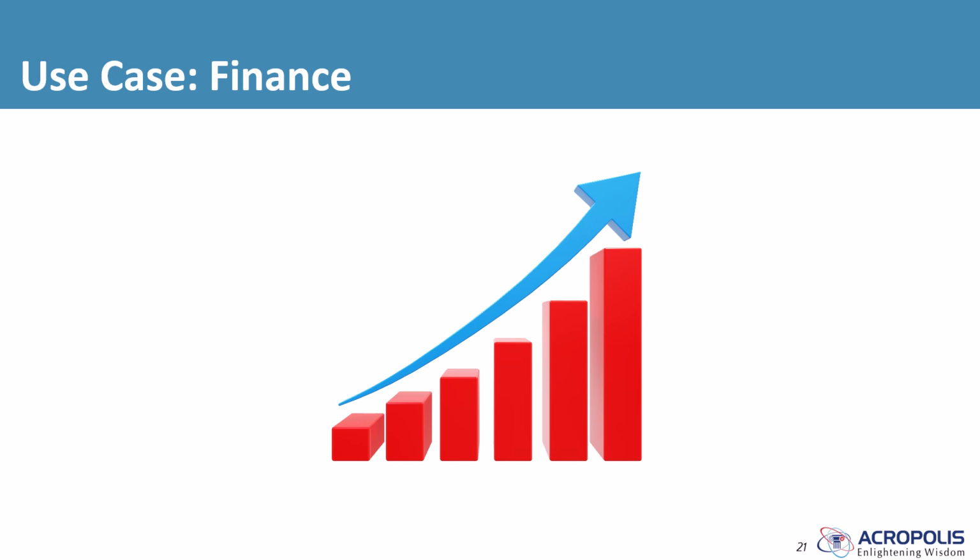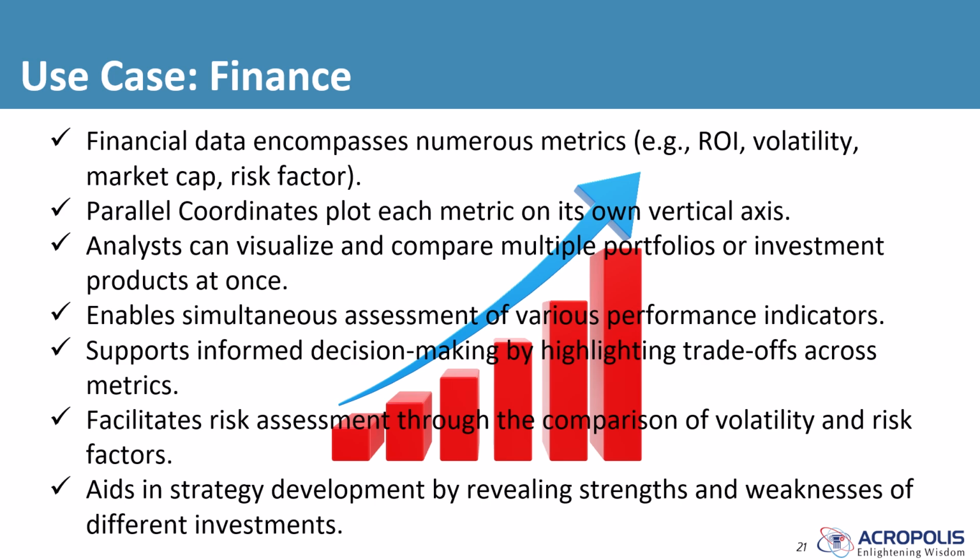So now the second use case is finance. Financial data encompasses numerous metrics. Example: ROI, volatility, market cap, risk factor. Parallel coordinates plot each metric on its own vertical axis. Analysts can visualize and compare multiple portfolios or investment products at once.